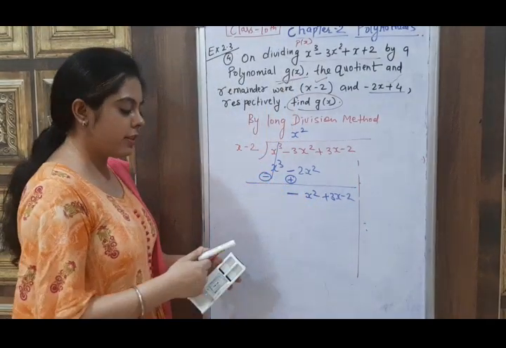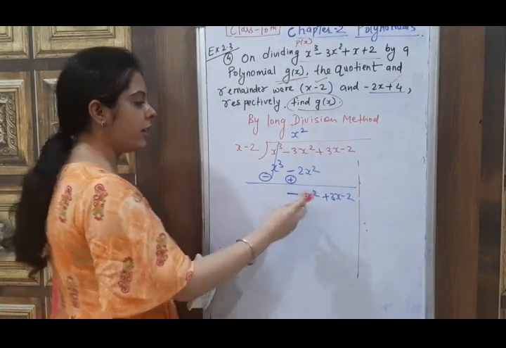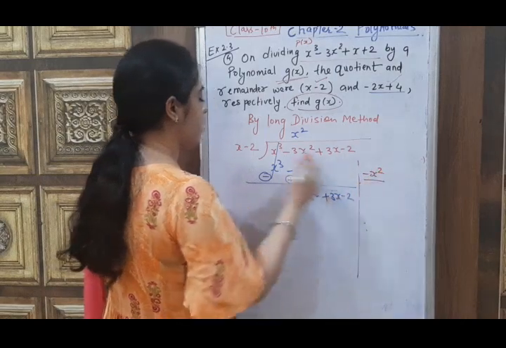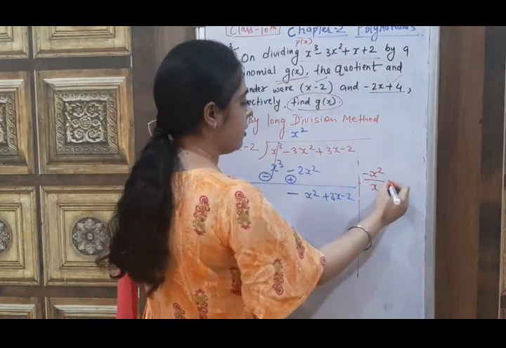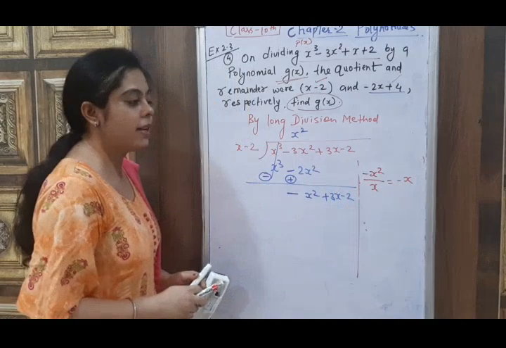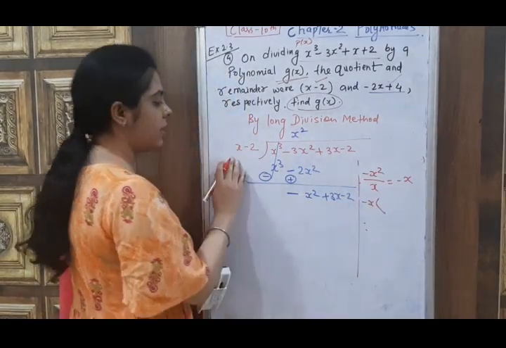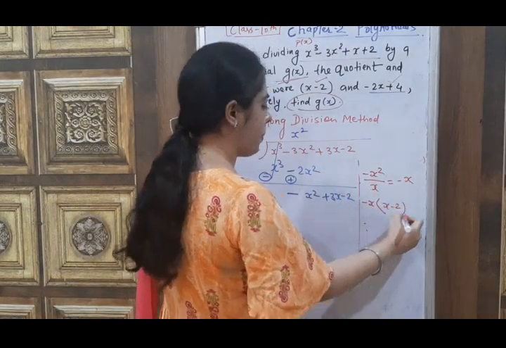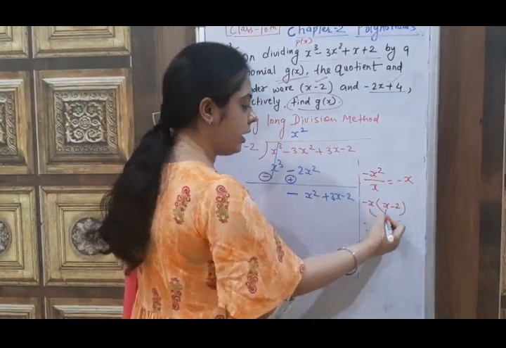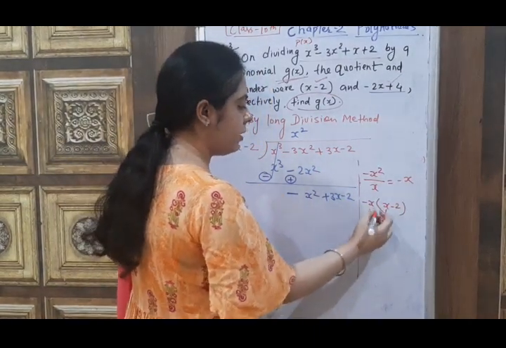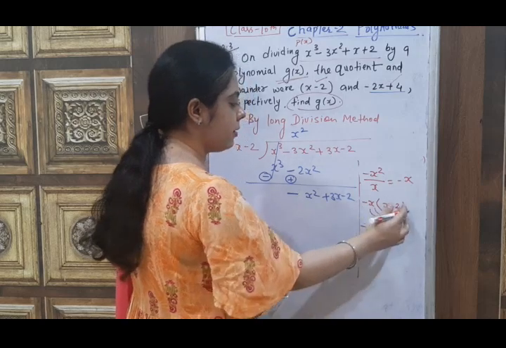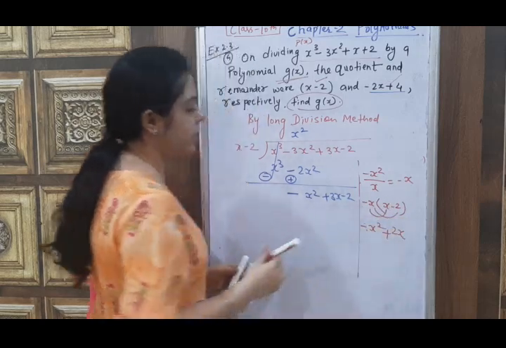So by using the same method, first we have to take this first term with a sign and divide it by x. So here the answer will come minus x, and now multiply this minus x with x minus 2. So here minus x square and minus minus plus 2x. So here is the answer.